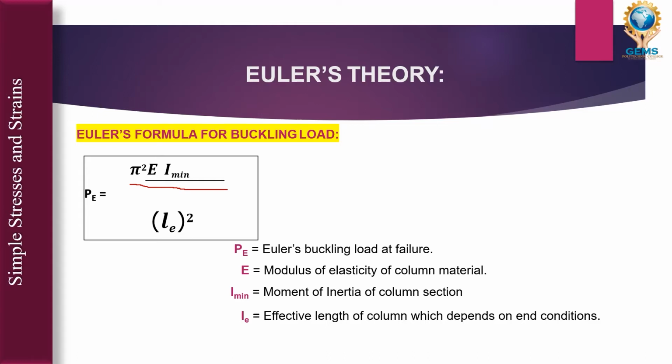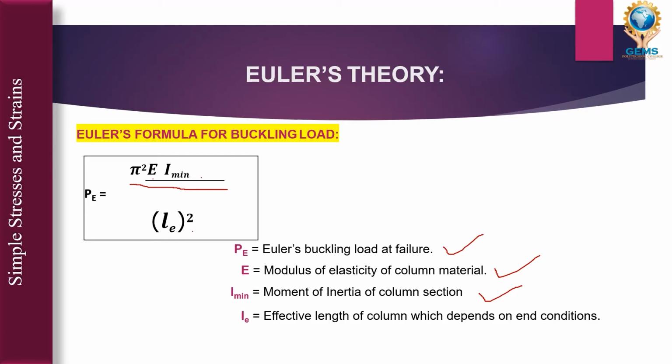The formula for buckling load by Euler: P is equal to pi square E I minimum divided by LE square, where P is equal to Euler's buckling load at failure, E is equal to modulus of elasticity of column material, I minimum is equal to moment of inertia of column section, and LE is equal to effective length of column which depends on end condition. Understand? LE is equal to effective length. Actually, it will depend upon the end condition.